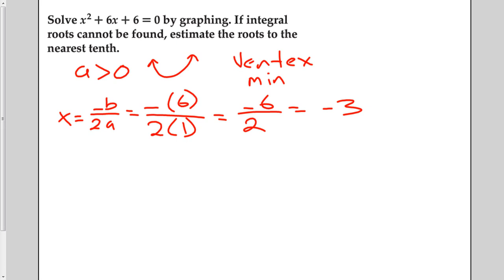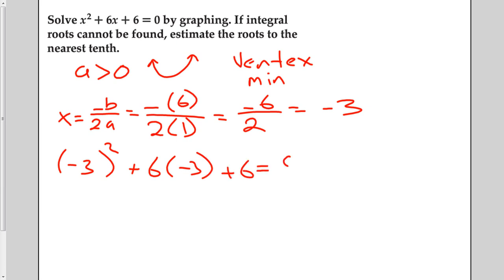And if we really wanted to at that point, we could figure out what the vertex is. So if I plug this into my equation, I can tell some information. So I have minus 3 squared plus 6 times minus 3 plus 6.